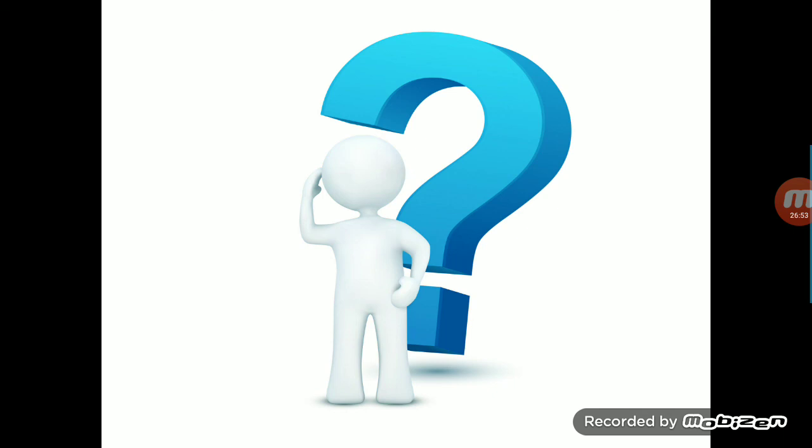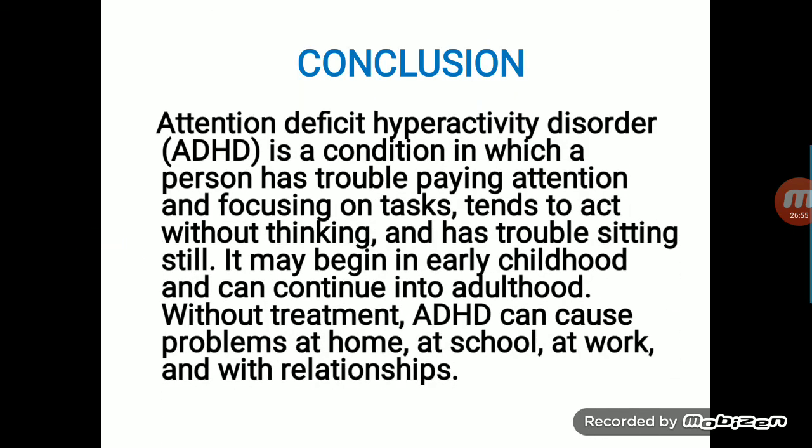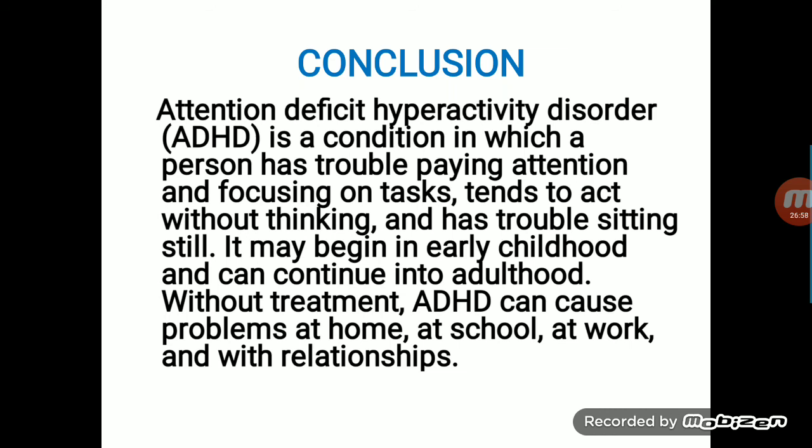Alright. Then coming to the conclusion, ADHD is a condition in which a person will always have a problem with inattention. They will also have problems focusing on a task, as well as the tendency to act without thinking, and also have problems sitting still.